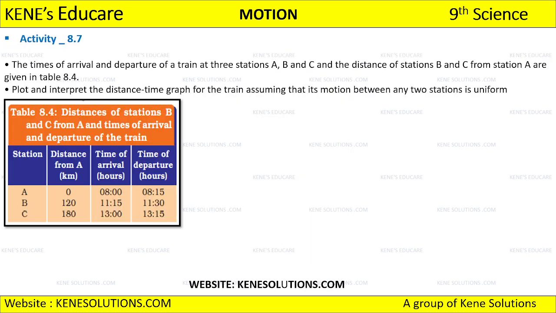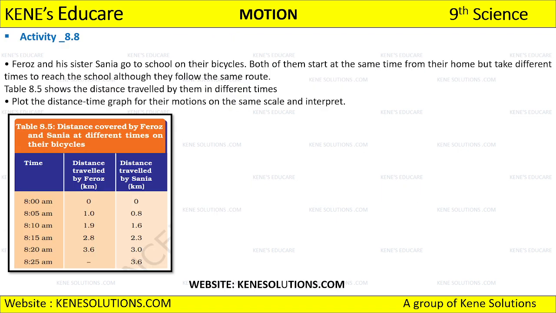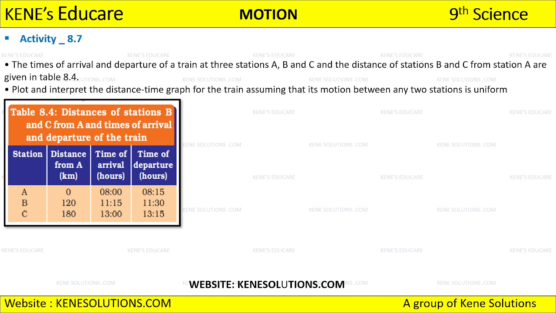After this, we even discussed this activity, I guess, the time of arrival. No, I don't think we did, right? So we have to just plot a graph over here. The time of arrival and departure of the train at three stations A, B and C are given, and the distance of stations B and C from station A is given in the table 8.4.